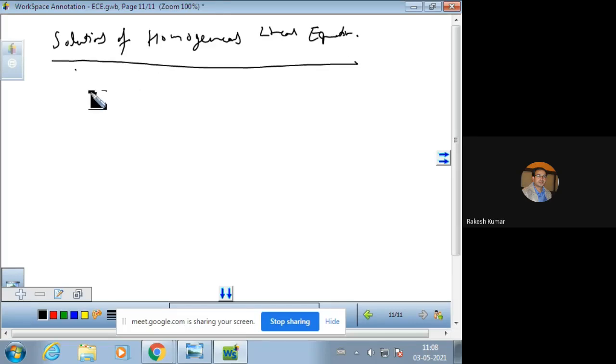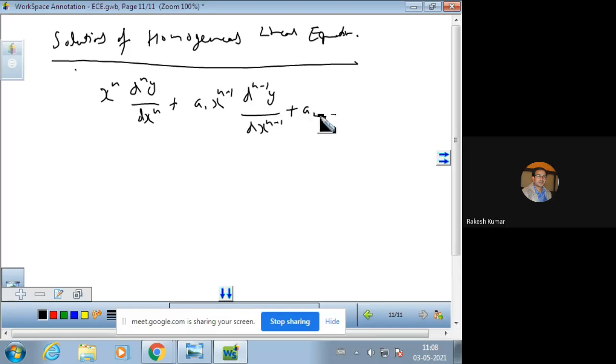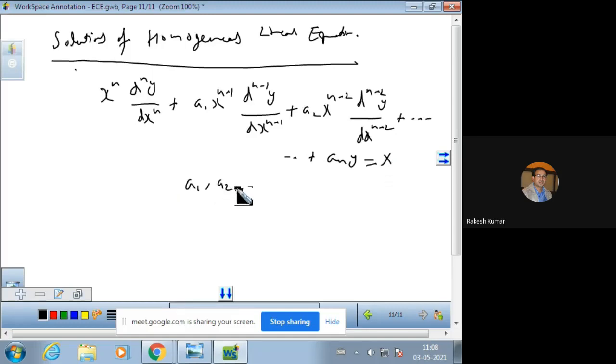Consider the equation of the form x raised to power n d^n y by dx^n plus a1 x raised to power n minus 1 times the first order derivative of y with respect to x, plus a2 x raised to power n minus 2 times the second order derivative of y with respect to x, and the last term is an into y, equal to capital X, where a1, a2, and so on, an are constants.